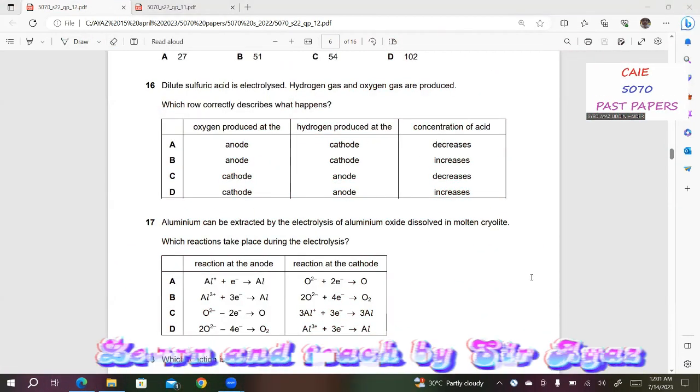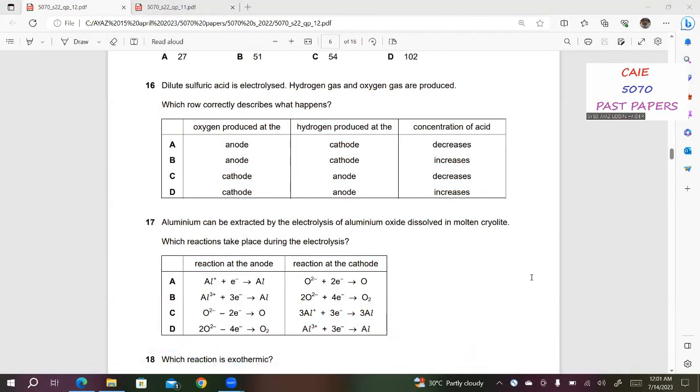Now question number 16. So here's the question. Dilute sulfuric acid is electrolyzed, hydrogen gas and oxygen gas are produced. Which row correctly describes what happens? During the electrolysis of dilute sulfuric acid, hydrogen gas will be produced at the cathode and oxygen gas will be produced at the anode.